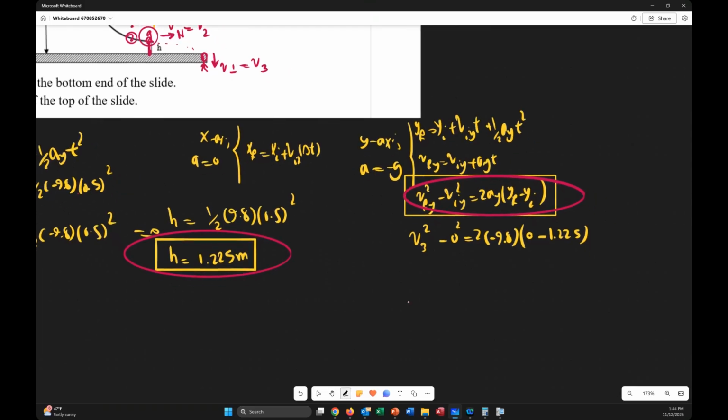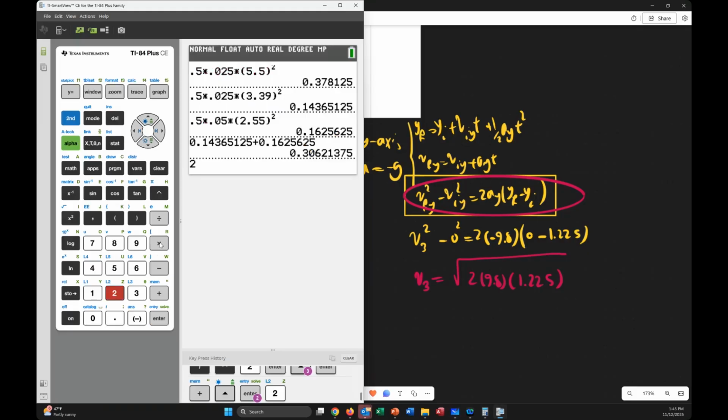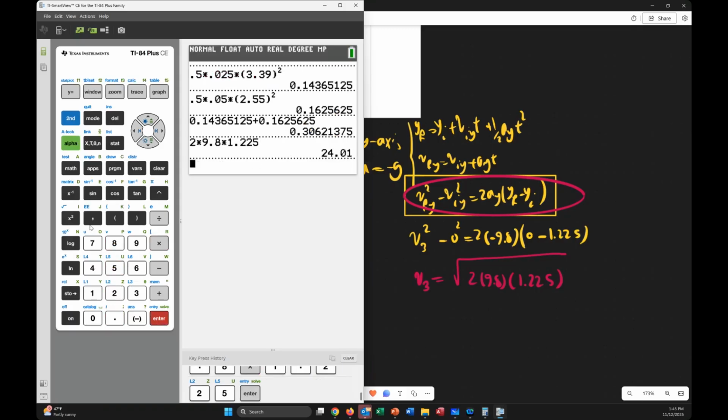So V3 is going to be the square root of 2 times 9.8 times 1.225. If I calculate this value, 2 times 9.8 times 1.225, what I get is 24, but I need to find the square root.